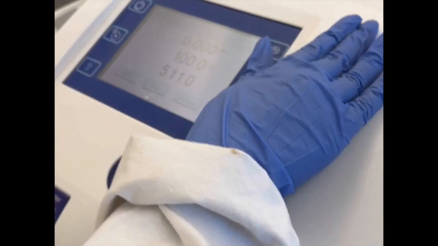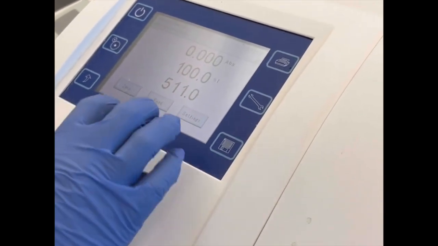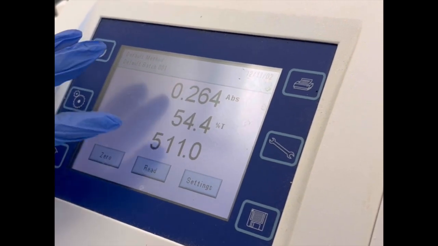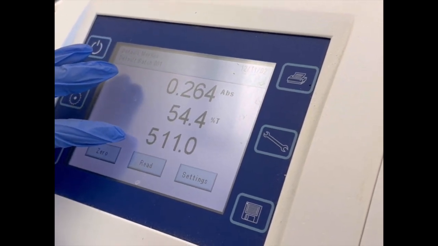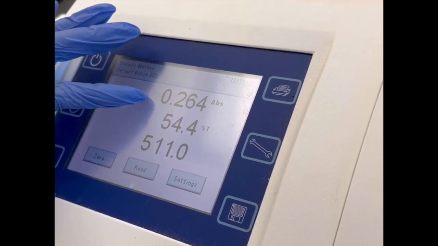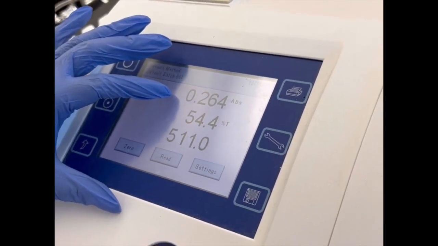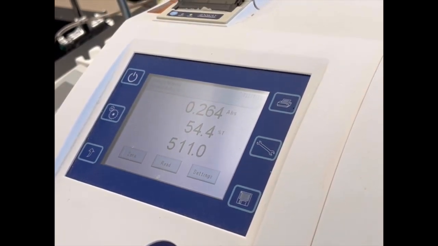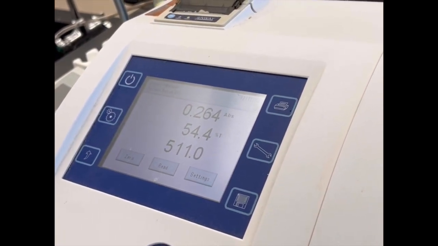Again, this is supposed to measure the iron in the wheatgrass that we grew. Now we can see that at 511 nanometers, which is the wavelength, there is an absorbance of 0.264. Now we take this data and compare it to our standard solutions to measure the concentration in the wheatgrass.